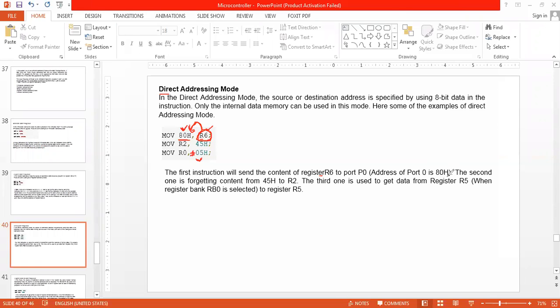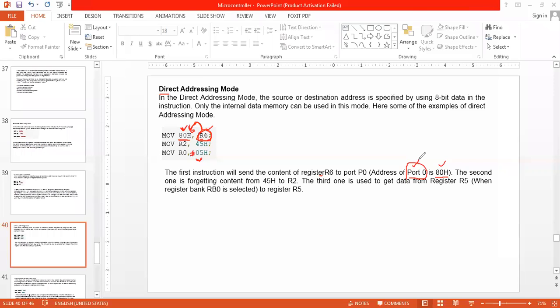So 80H is the address of port 0, because we have ports 0, 1, 2, 3, and port 0 has 8 bits. 80H is one memory location which is pointing to the port 0 pins.